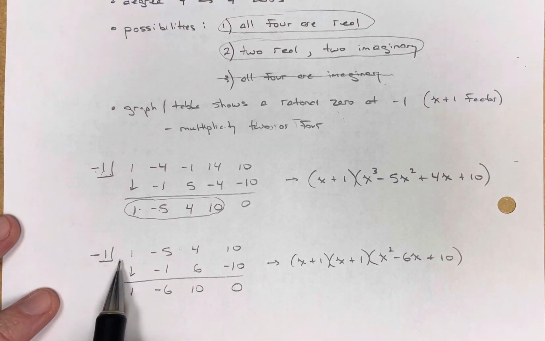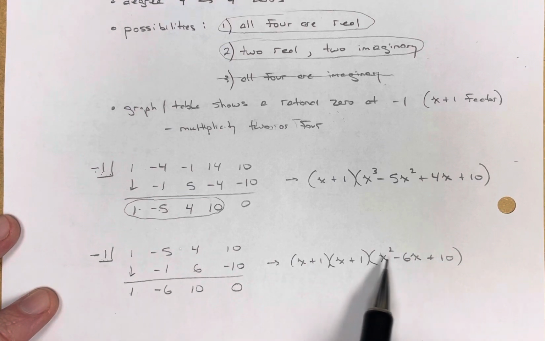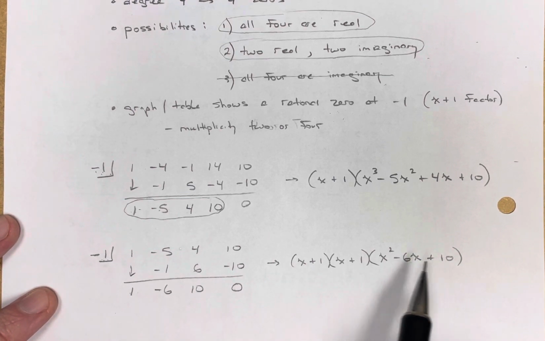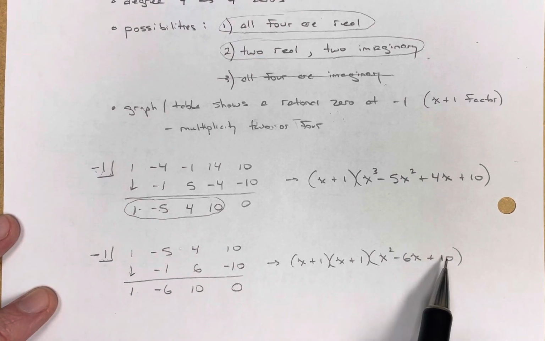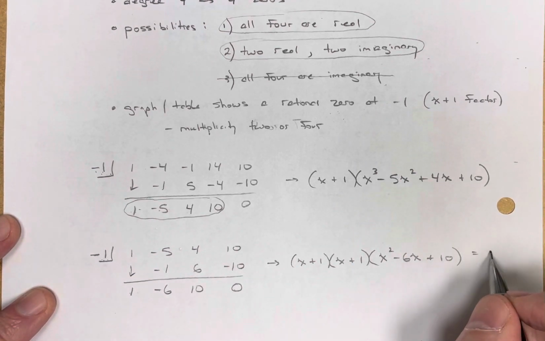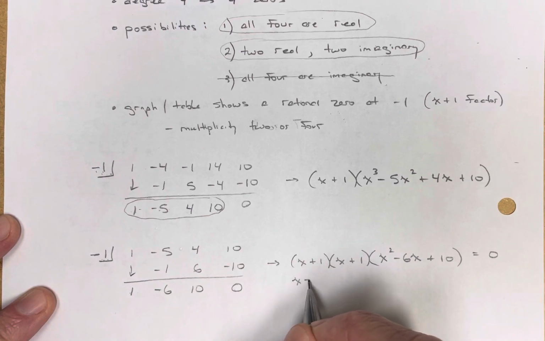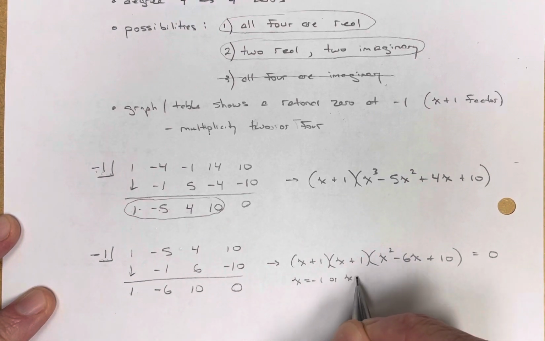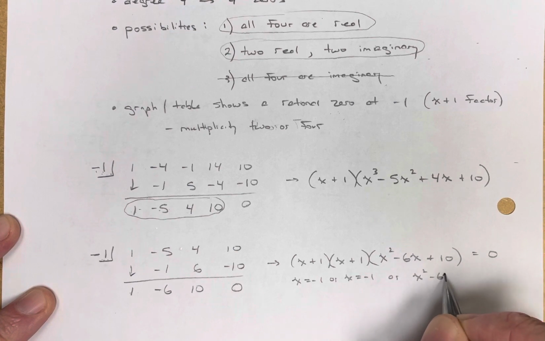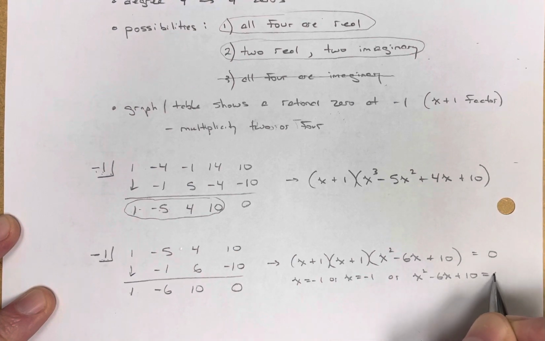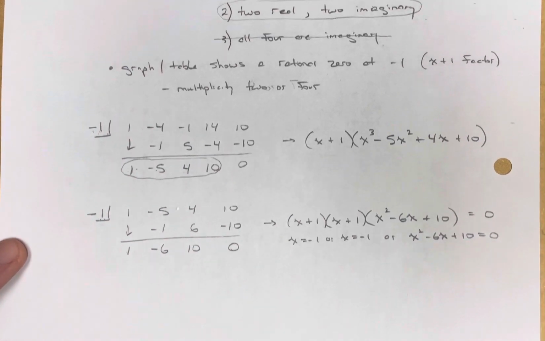You know, if it's either 2 or 4. Well, I've already done it. This is a quadratic. It turns out it's not a factor again, but you could try it again and see, but it's not. So we know, again, all this equals 0. Here's an x equals -1, or x equals -1, or this quadratic holds our last 2 zeros.